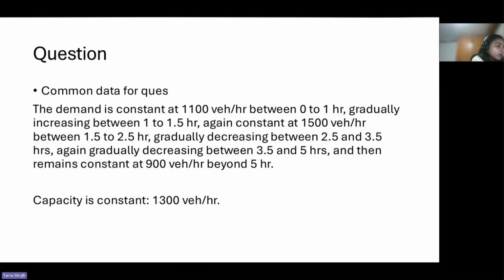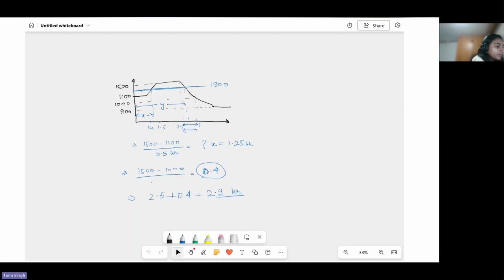Firstly, 1100 is constant demand, then it increases to 1500, then it is constant, then it decreases to 1000, and then it further decreases to 900. So here it is 900, 1100, 1000, and here it is 1500.